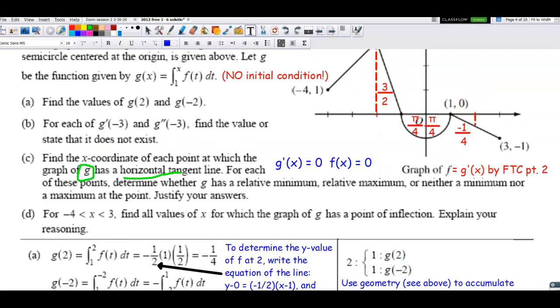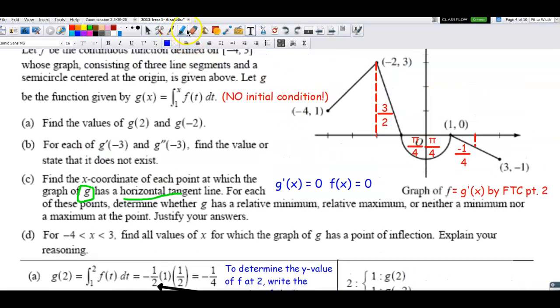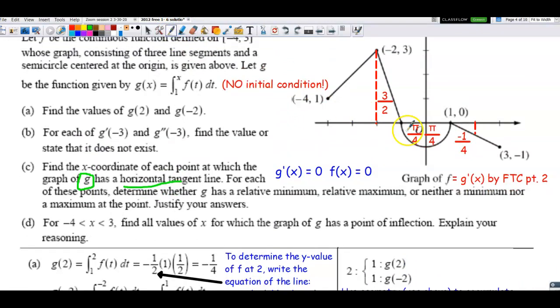Well, when we look at our graph over here, f of x is equal to 0 here and here. So at x equal to -1, the first derivative changes from positive on this side to negative here, so we find a local maximum.